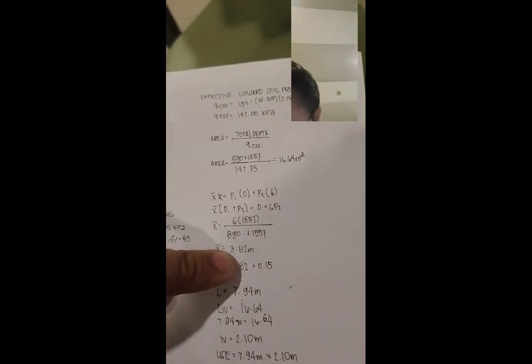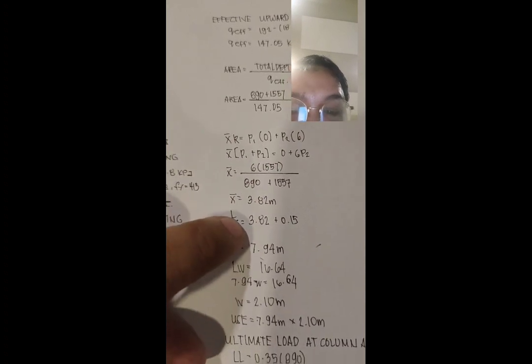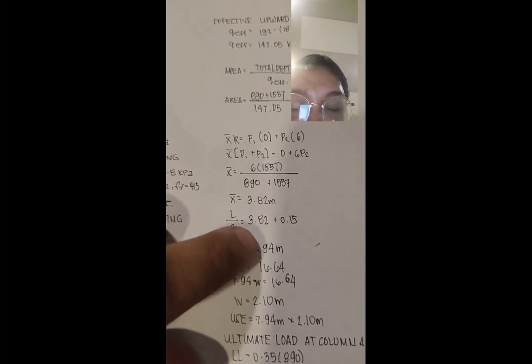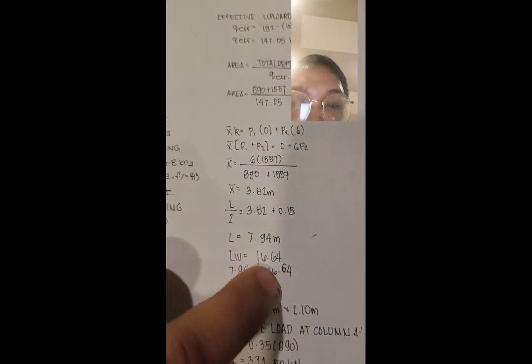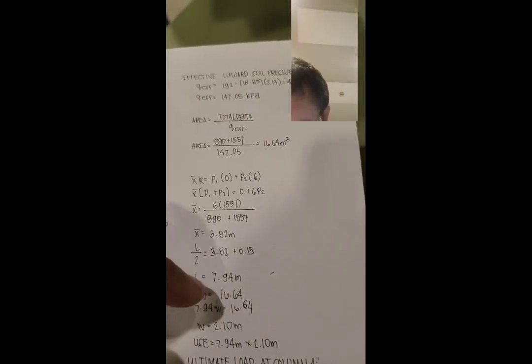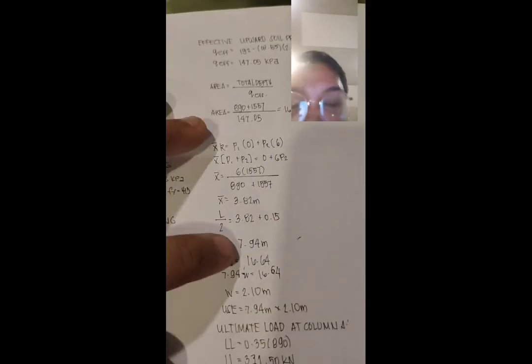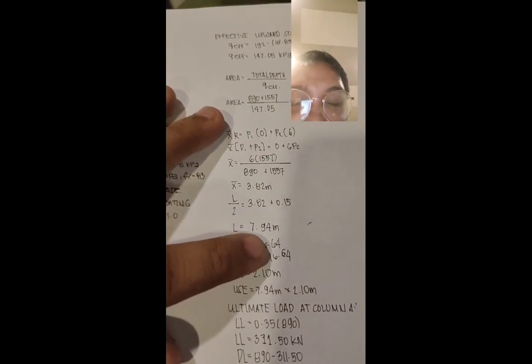Makuha na yung X bar na 3.82. Yung 1557 is ito. Pinag-add lang natin yung loadings. Kaya nakuha natin yung 1557. So, L over 2 is equals to 3.82 plus 0.15. So, L natin is 7.94 meter.